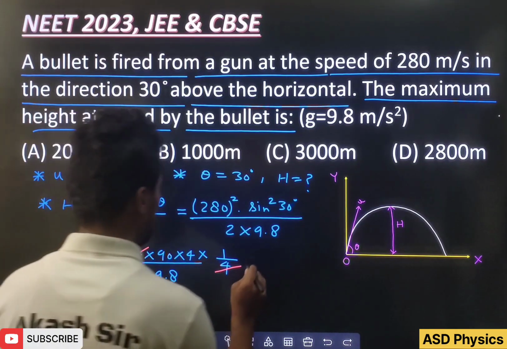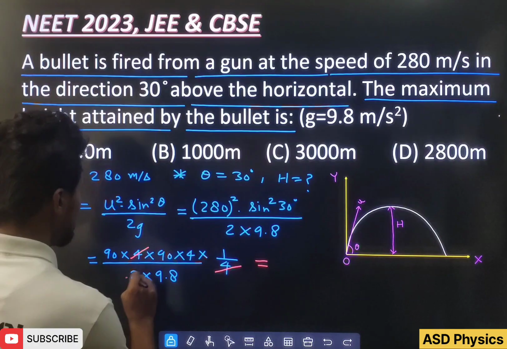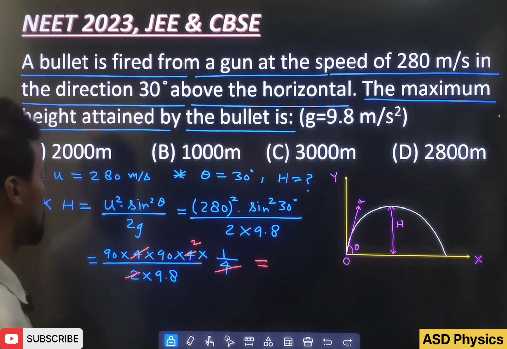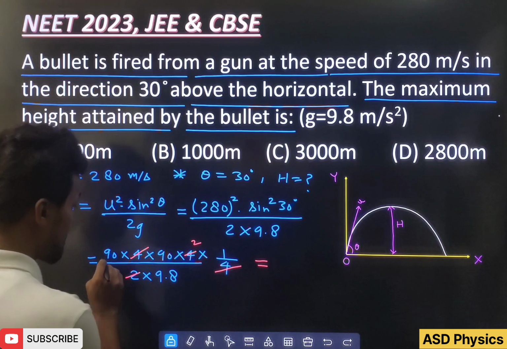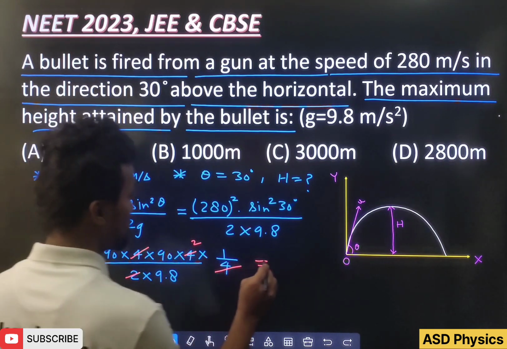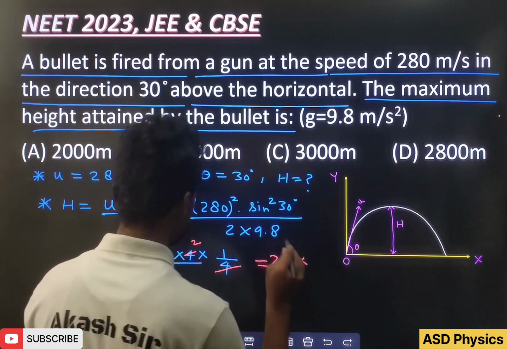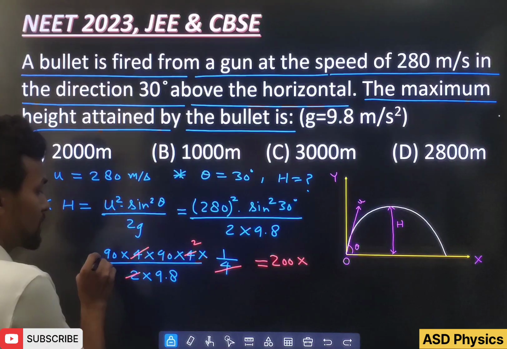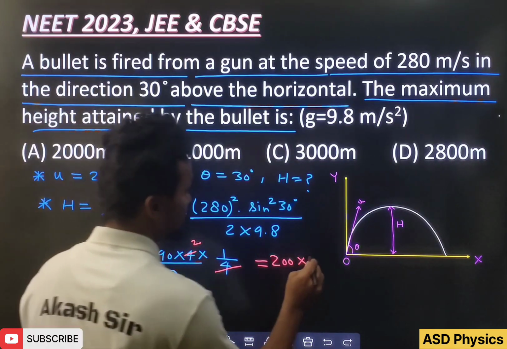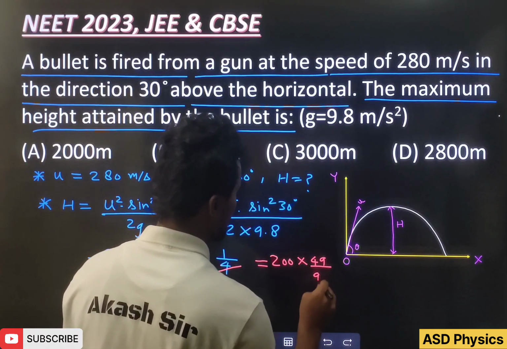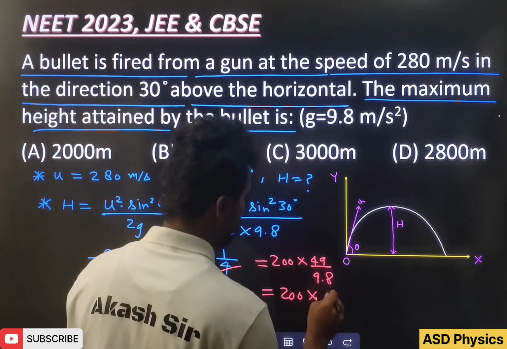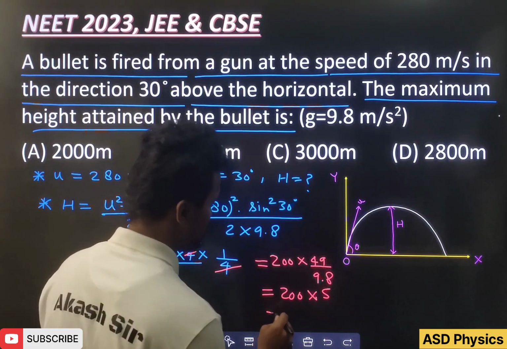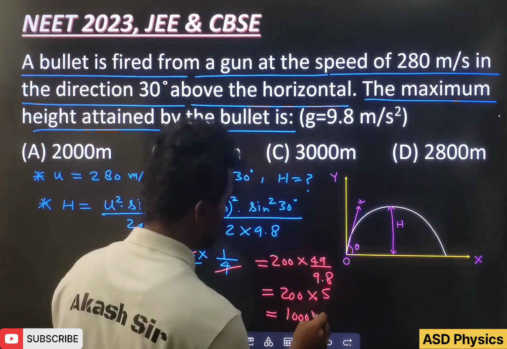After that, just simplify this: 2 into 2 is 4. From here, 20 into 10, 200 will come here, and here 49 by 9.8, it will come 5. So when you simplify this, it will come 1000 meter.